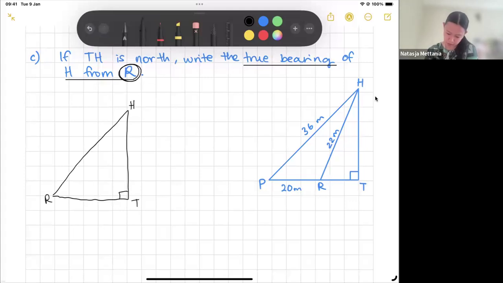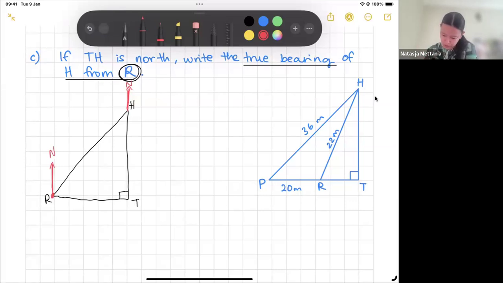So what I'm going to do is dot, dot, dot, and say that this is my true north. Now, I want to find the true bearing of H from R, meaning that I'm starting at R. That means if this is my true north, then parallel-wise, this is true north as well from R. It's facing the same direction.